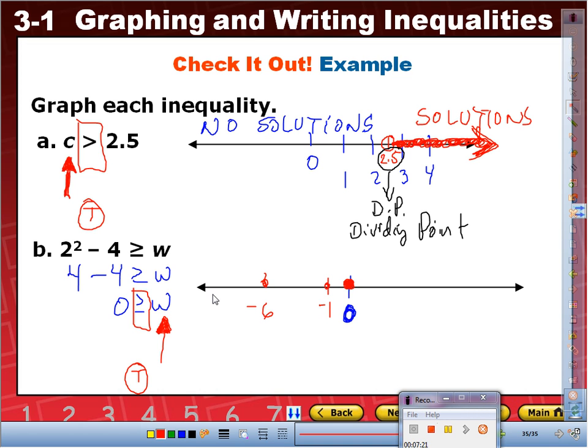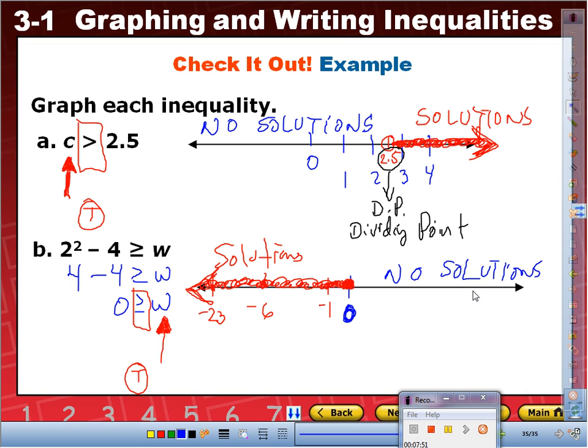Somebody said -23. So either one of those, notice that all these are on this side. So that means any point on this side will make that inequality true. All these are solutions. Is that correct? Yeah. So these are my solutions. So what does that make this side? That's right, no solutions.